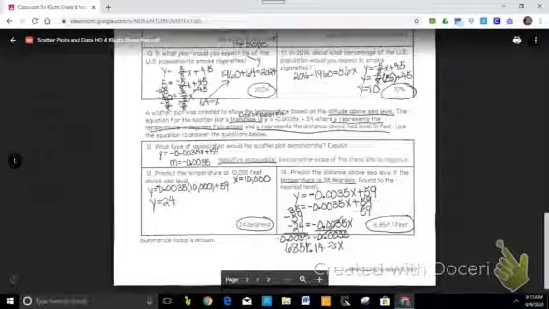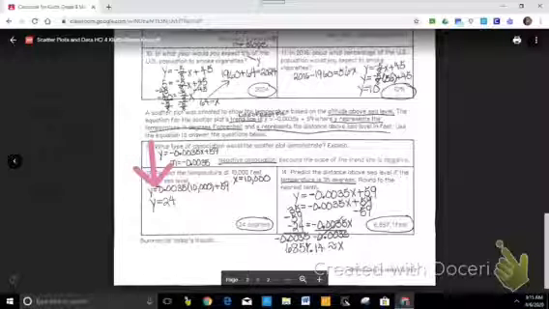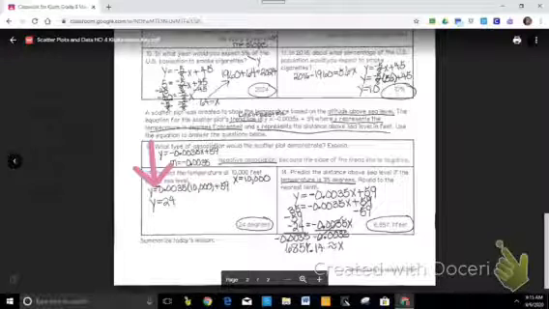Number 13, predict the temperature at 10,000 feet above sea level. X represents the distance above sea level in feet, so if we put in 10,000 for X, we would have negative 0.0035, but make sure you remember the negative, times 10,000 plus 59, and we get 24.